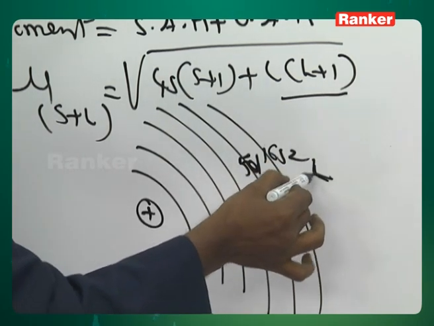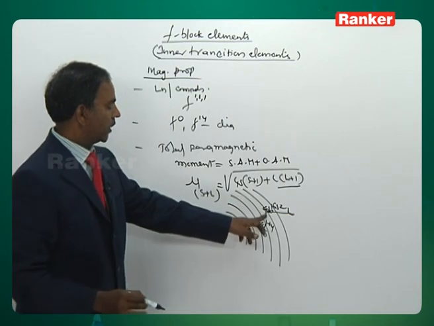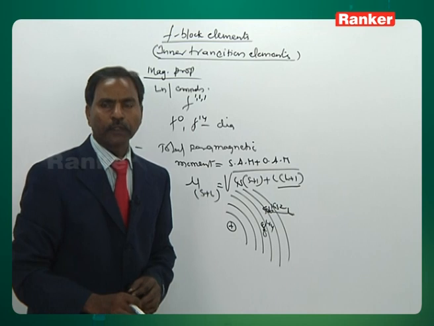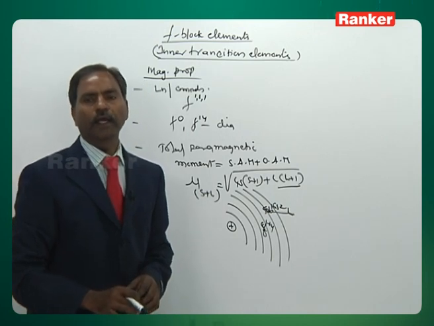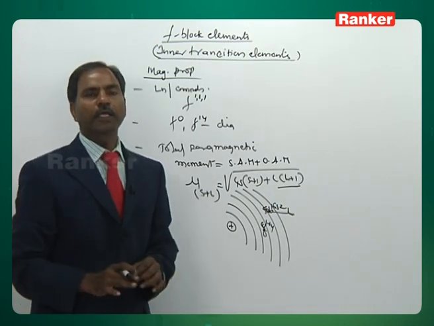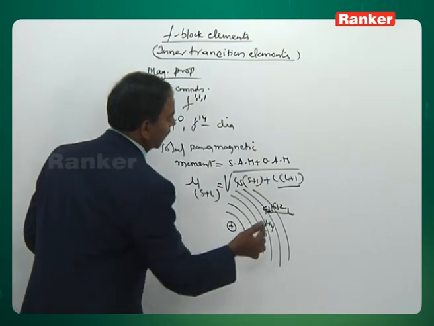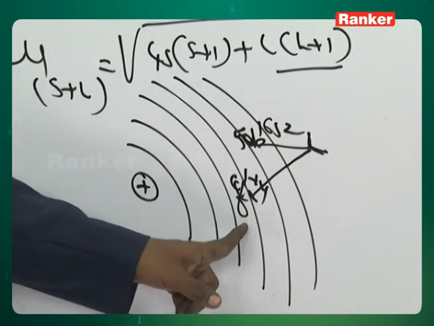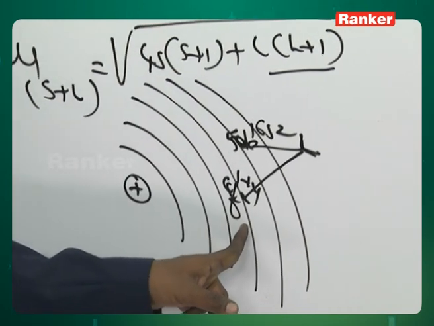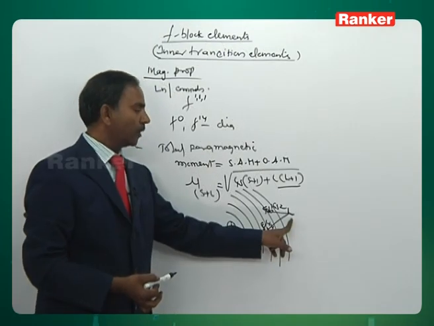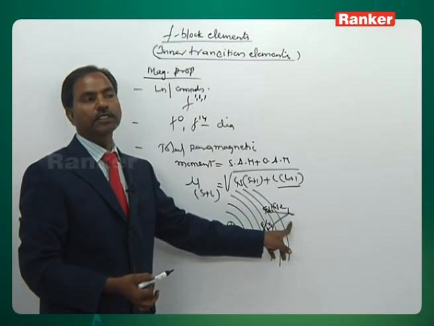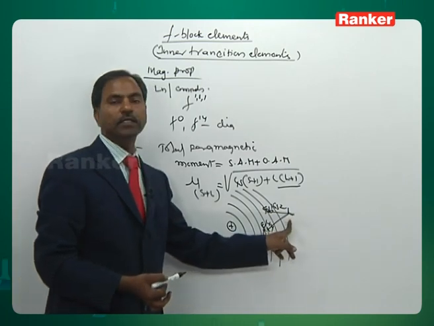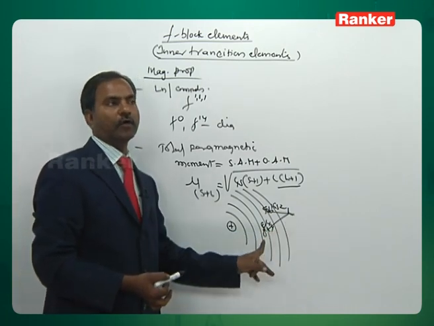Ligand is actually near to d orbital, therefore the ligand field affects the orbital angular moment of electrons in d orbitals. But in the case of f orbitals, you are clearly seeing the ligand is away from f orbital. So f orbitals are deeply seated in the antepenultimate shell. As a result, the orbital angular moment of electrons in f orbitals is not affected by the ligands because ligands are away from the f orbital.